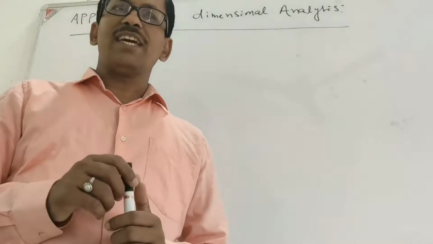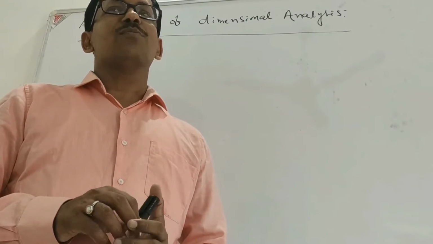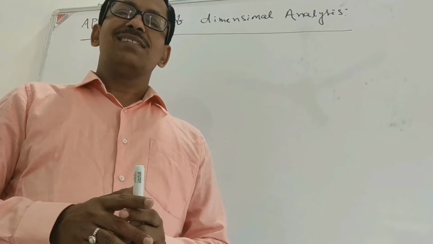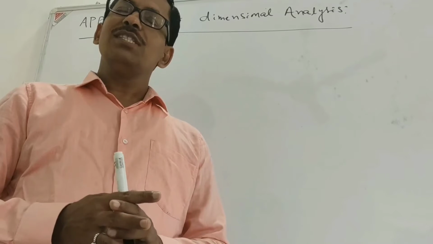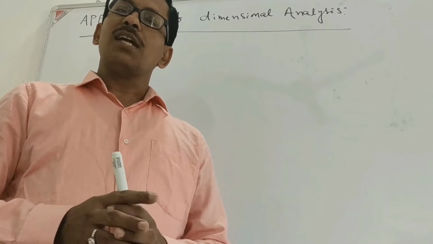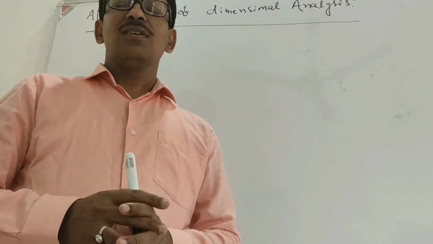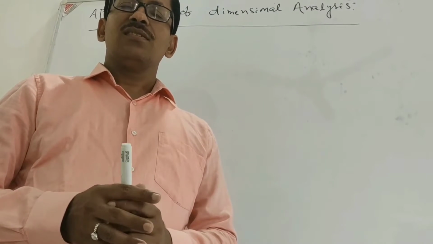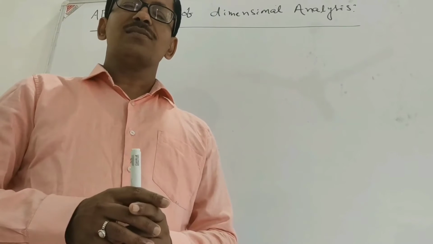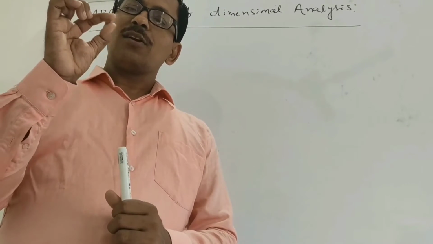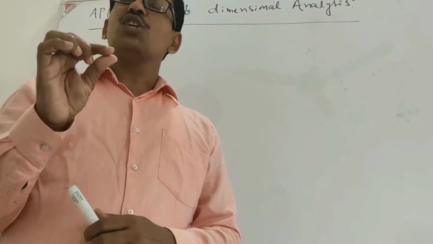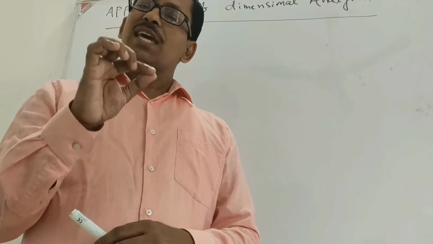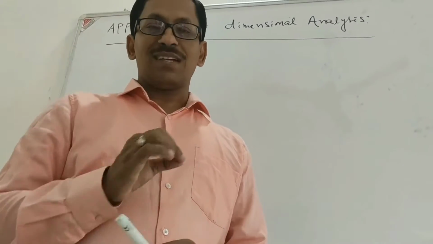First one is to check the correctness of a formula. Suppose one formula is given to you and you will check whether it is correct or not. This is due to the principle of homogeneity of an equation. Homogeneity means, according to that, each and every term of an equation must have the same dimensional formula.